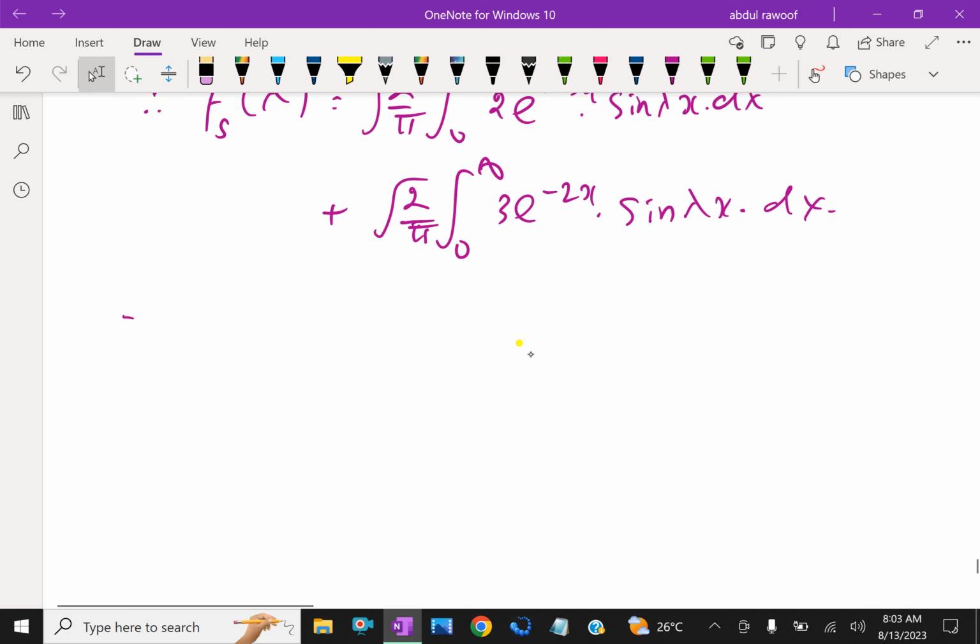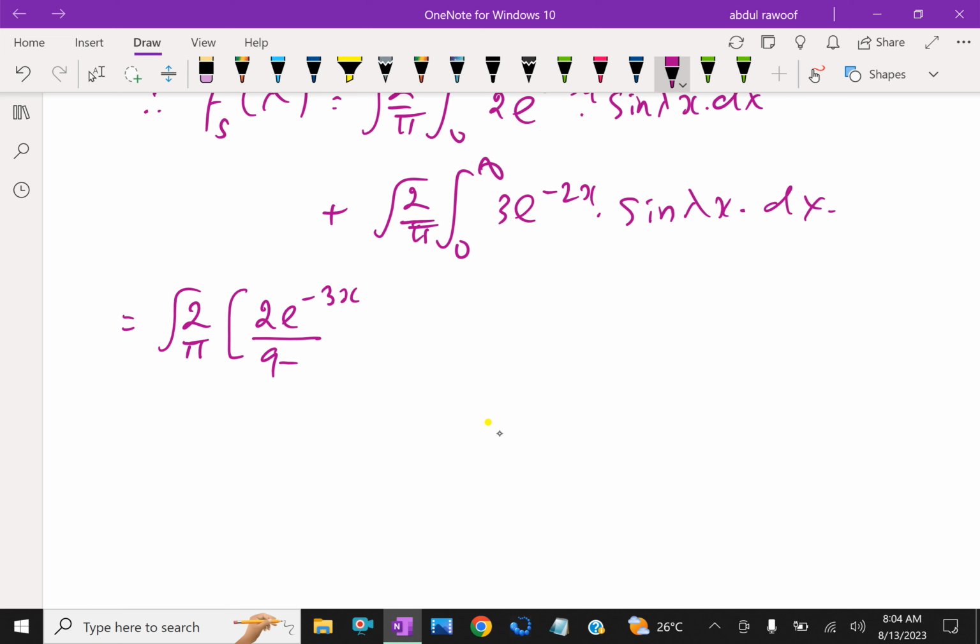So, which is given like, square root of 2 over pi, 2 e power minus 3x over 3 squared plus lambda squared, that is 9 plus lambda squared, because 3 squared is 9, into minus 3 sine lambda x minus lambda cos lambda x, for the limit 0 to infinity.